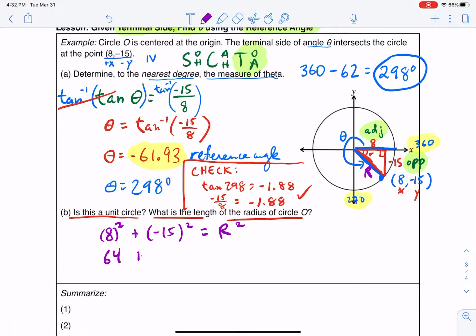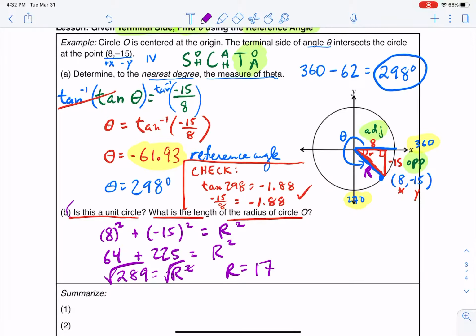So that's 64 plus 225 is equal to our radius squared. All right, that's going to be 289 equals r squared. Therefore, our radius, solving for r, is equal to 17.